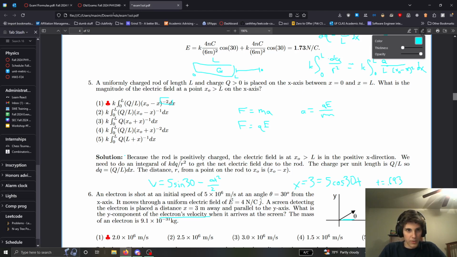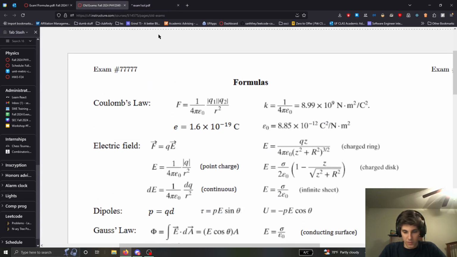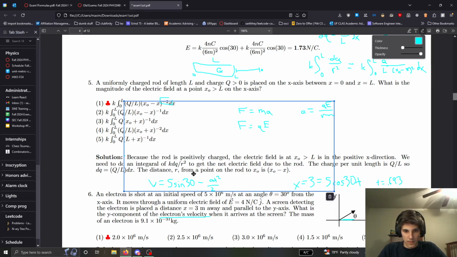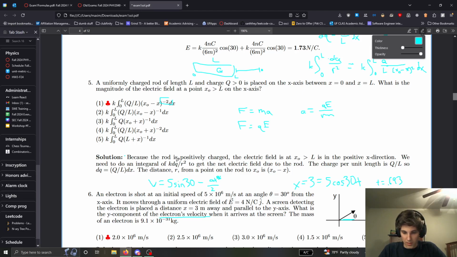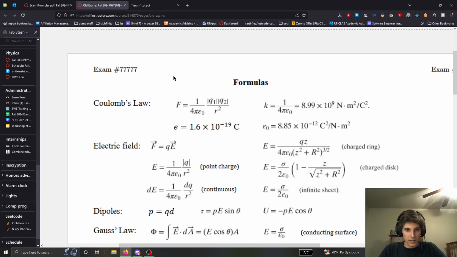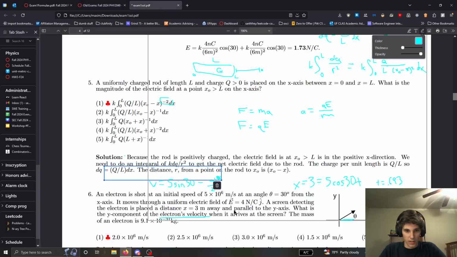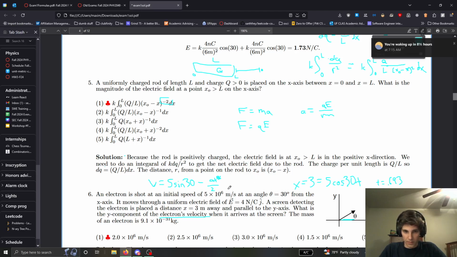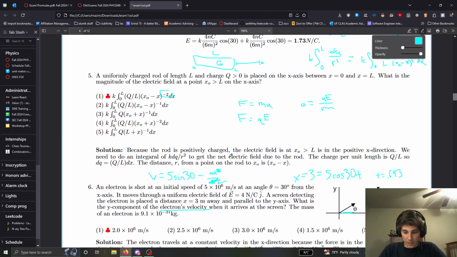So the charge of an electron, let's see, is 1.6. Or actually, this is only t, sorry, because this is on the velocity, times 0.693. Actually, I got a little distracted there. We have to do the electron charge times the field of 4, times 4. Then the mass of the electron, which is given here, 9.1, and then divided by, not 2, that's also not applicable here. But yeah, we get 2.01, which again is just 2.